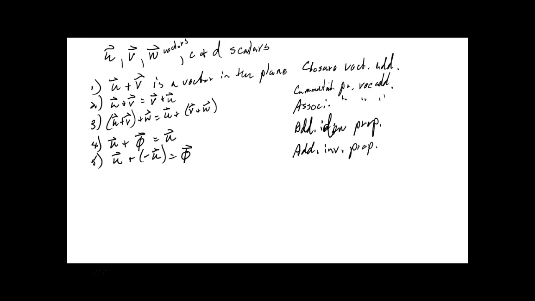Number 6. cu, where c is any old scalar, multiplied by a vector in the space is a vector in the plane.